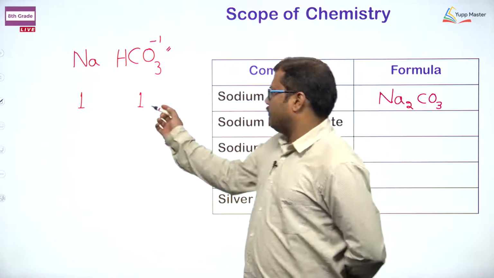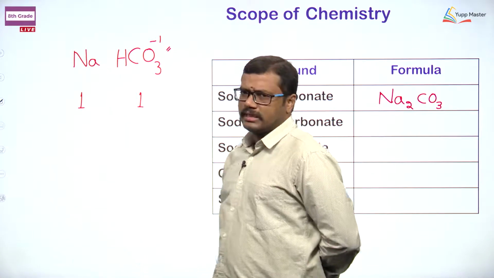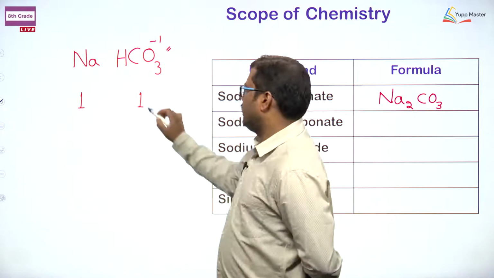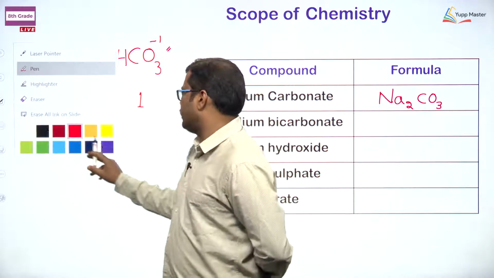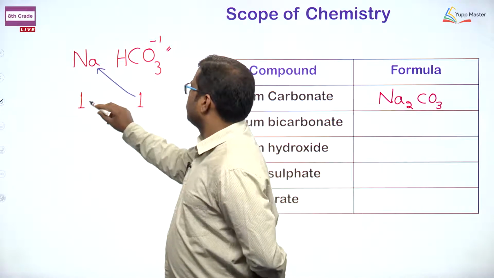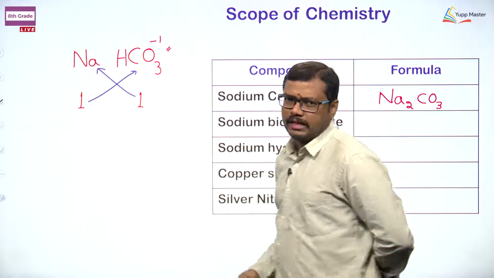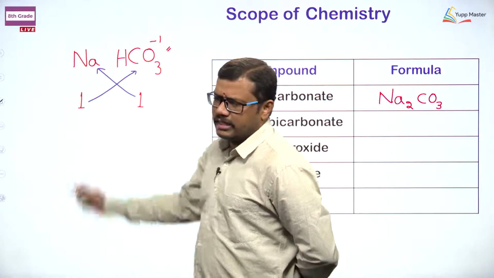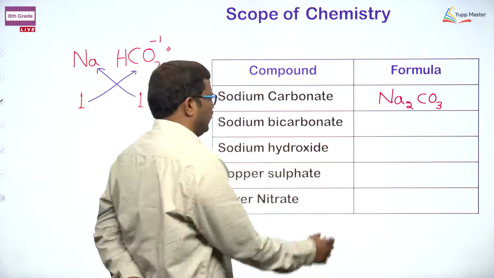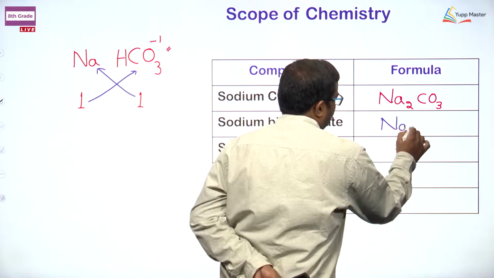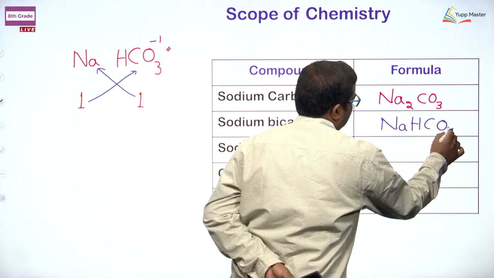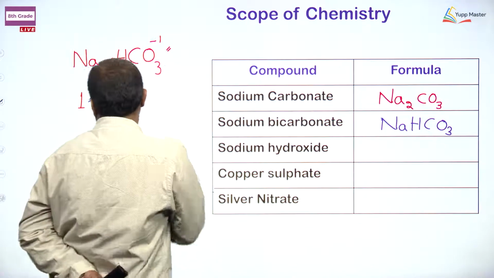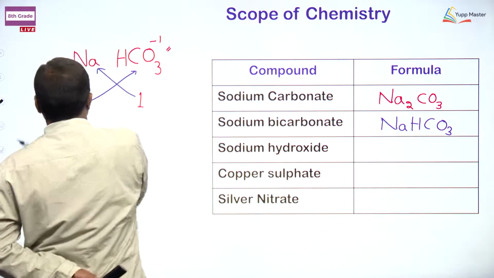So, the simplest whole number ratio will be 1 is to 1, there is no doubt, and we exchange the valency of sodium with bicarbonate and the valency of bicarbonate with sodium. Since 1 and 1 is the ratio for the two species involved here, we can write it as NaHCO3, which is the formula of sodium bicarbonate. Sodium carbonate and sodium bicarbonate, right.